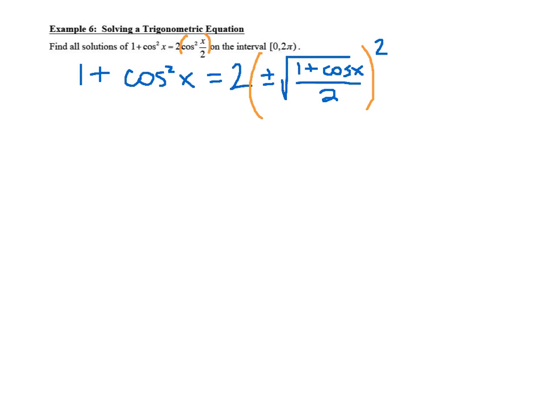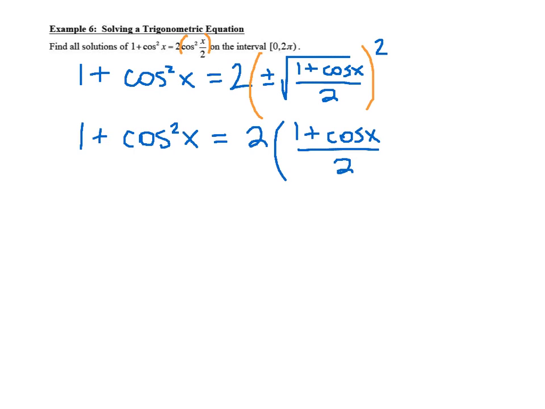If you notice, since we're squaring a square root, anytime you square something, that gets rid of the plus or minus and just makes it positive. So we're going to square this, and we're also going to get rid of the square root. So we get 1 plus cosine squared x equals 2 times what's left underneath, 1 plus cosine of x all over 2.